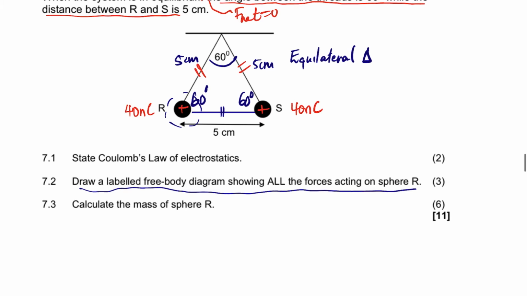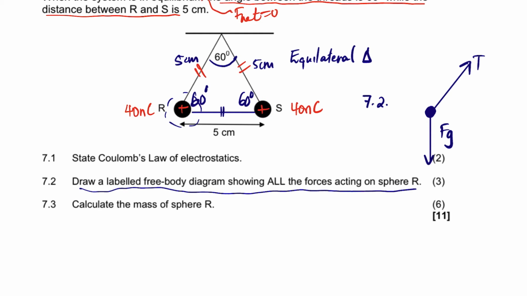Drawing the free body diagram, here's the sphere R. Represent the sphere by a dot, and the forces acting on sphere R: there's tension going in that direction, T for tension, and you have the gravitational force going downwards.